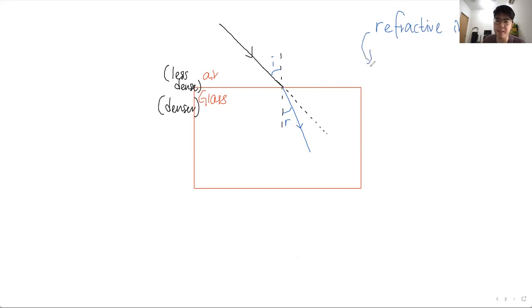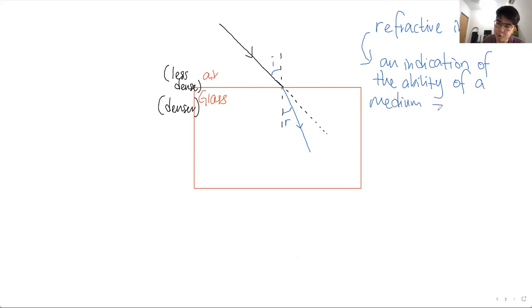Refractive index is a measure or an indication of the ability of a medium to bend the light. Meaning to what extent it can bend the light. That is the refractive index of a medium.